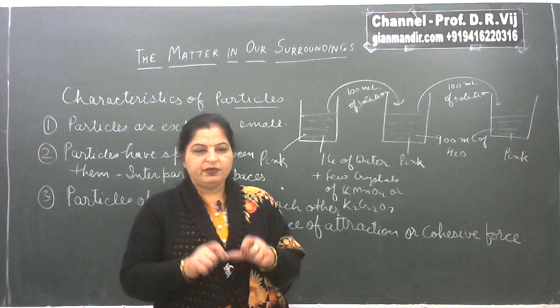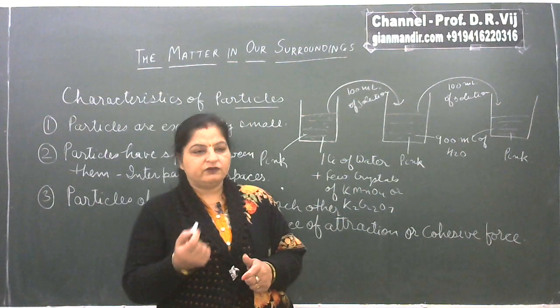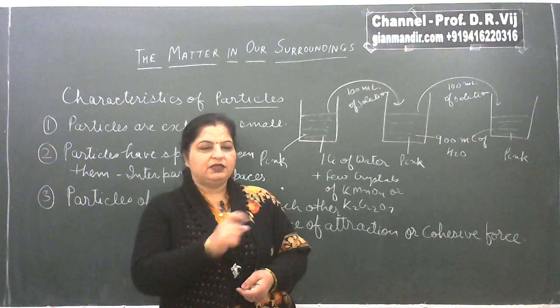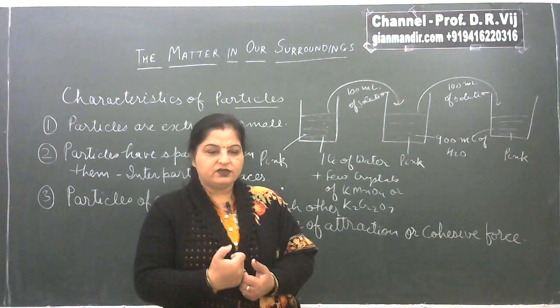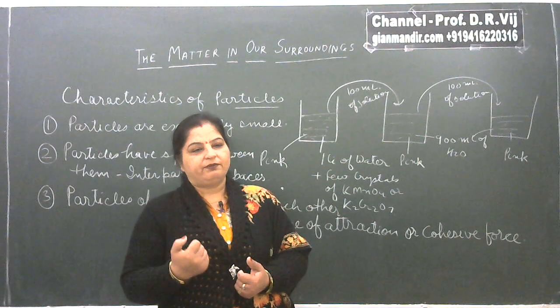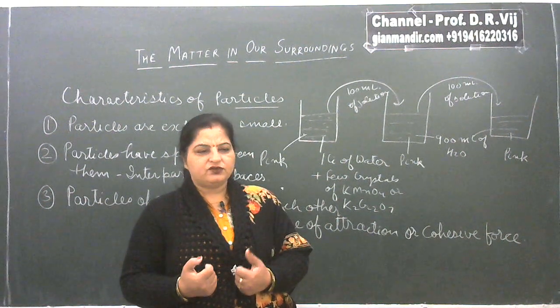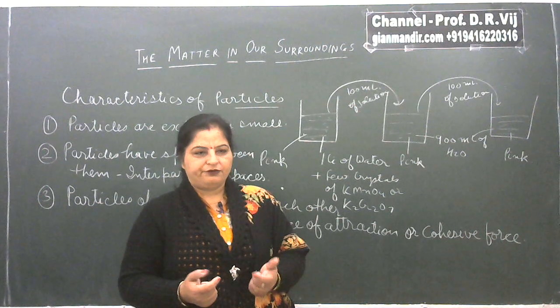In that case it will be broken down, but not as easily as chalk. The reason? The force of attraction in chalk was weakest, but in a plastic rod or a wooden stick it is comparatively stronger, and these forces will not be easily broken, right?